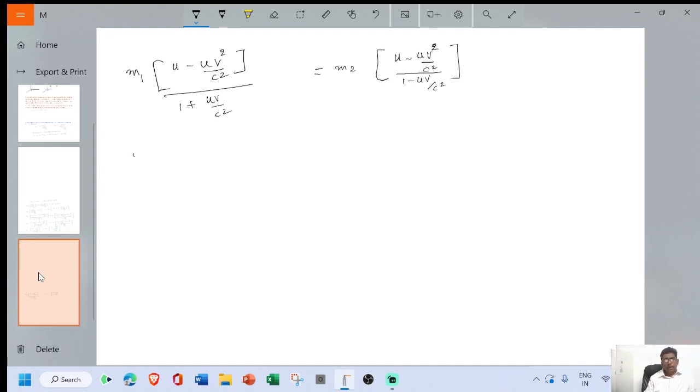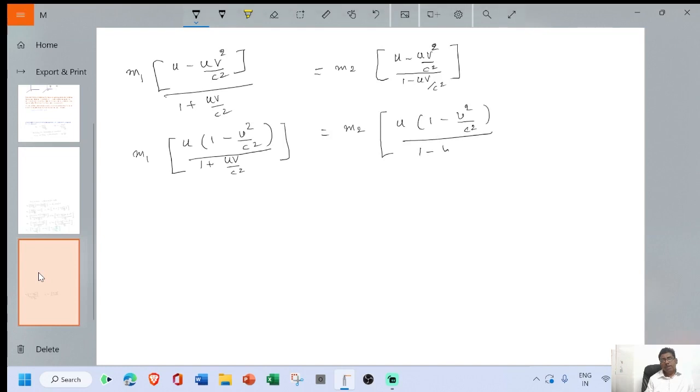Now we may write m1 into u into 1 minus v square by c square. Take this u outside, whole divided by 1 plus uv by c square. This is equal to m2 into u into 1 minus v square by c square whole divided by 1 minus uv by c square.